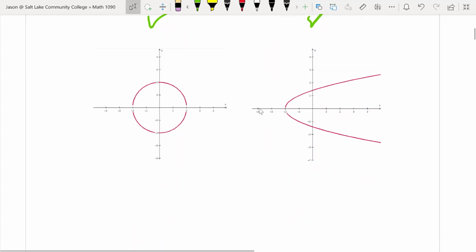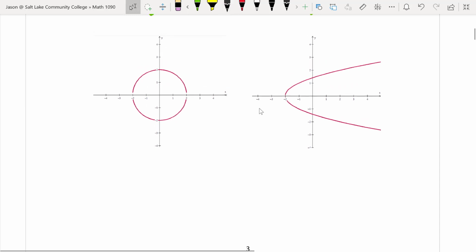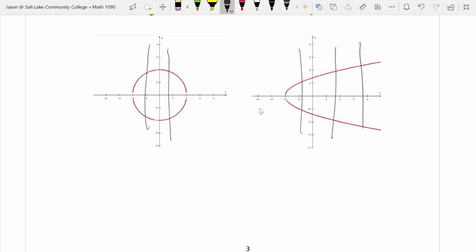Let's move on. Now notice with these graphs, when I draw a vertical line, I intersect the graph in more than one point. So these are not functions. Why not? Think of it this way. This point right here, somewhere between 1 and 2, maybe 1.6.